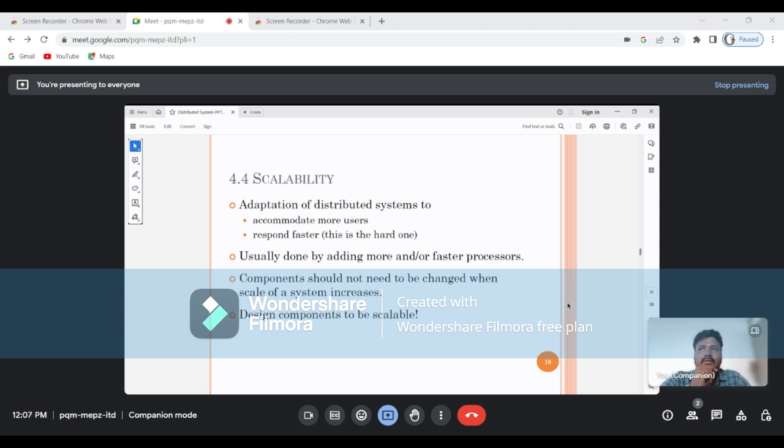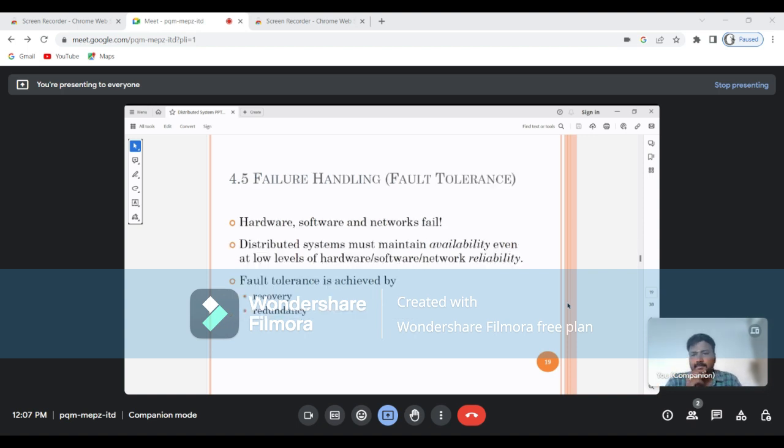Later on, over a period of time, if I need 100 different systems, I can add 90 systems to the already installed 10 systems. 10 plus 90 is equal to 100. So at any point of time, I can extend the total number of systems used in the distributed system, and I can also reduce the systems from 100 to 50. So it provides scalability.